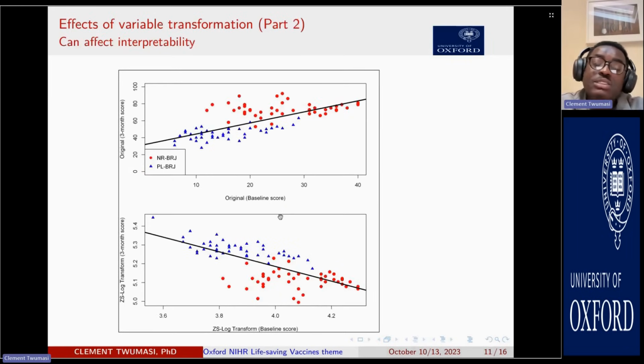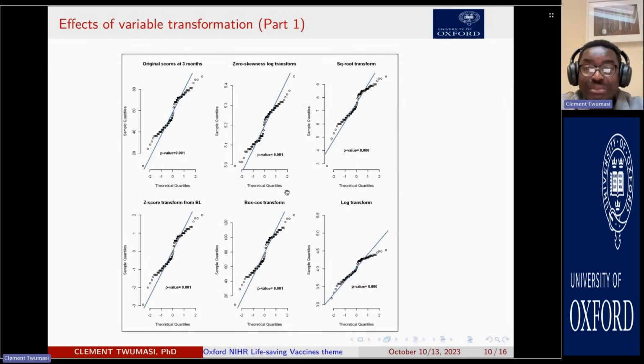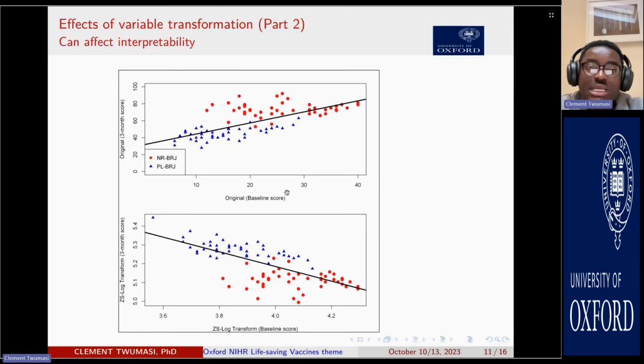I'm just trying to emphasize that though transformation can sometimes help to preserve some of these assumptions in the case of parametric regression, where we are basically trying to predict the means, is it always the case that we need to predict the means, even in the presence of departure from these assumptions? Transforming the data can sometimes affect interpretability, and this is basically what I wanted to show with this plot.